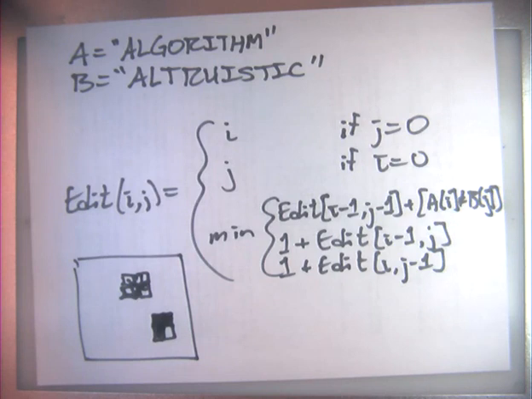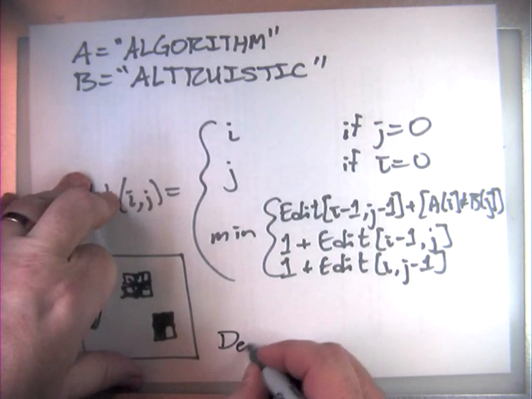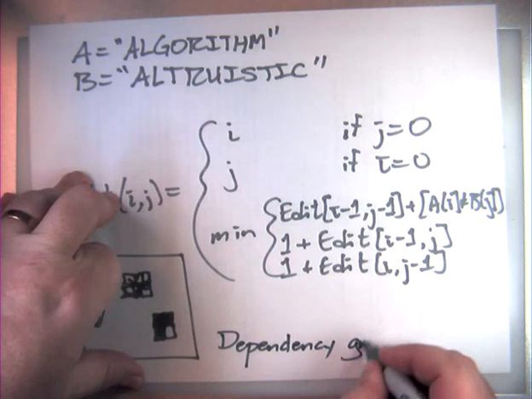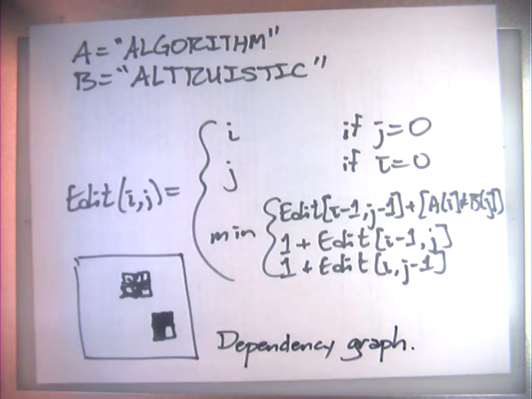And when we talk about doing dynamic programming, what we're really doing is we need to find a way of sorting the vertices of the dependency graph so that all of the edges point from earlier nodes to later nodes.